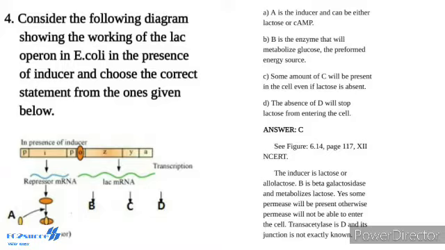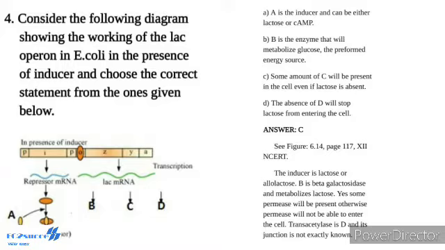The lac operon is under positive regulation as well, but it is beyond the scope of discussion at this level. So, the correct answer is option C. The inducer is lactose or allolactose, B is beta galactosidase, and C is permease, since without some permease present, lactose will not be able to enter the cell.